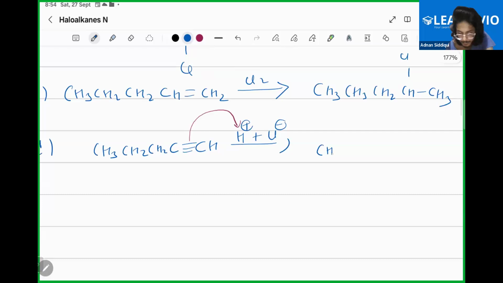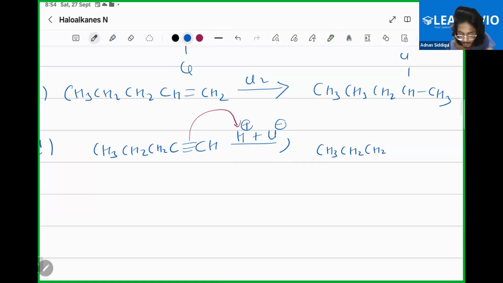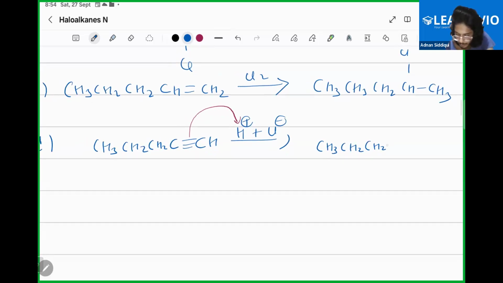If I am doing this, break it, it is going like this. See, first it will go here, negative and positive. Then it will pick the hydrogen from here. The direct method is to simply show the double bond is going to attack. Double bond CH2. Positive will be here, right?